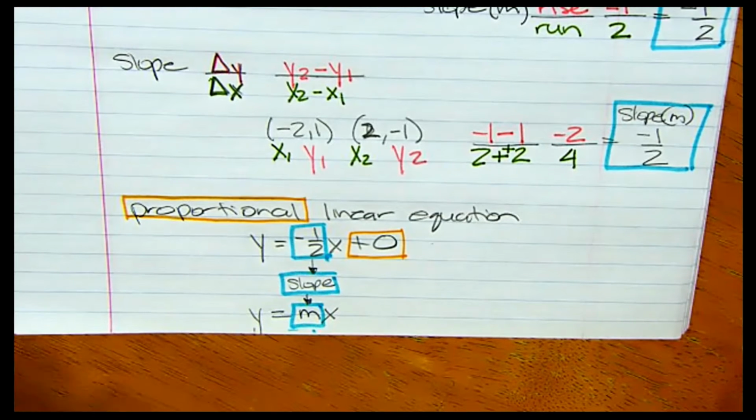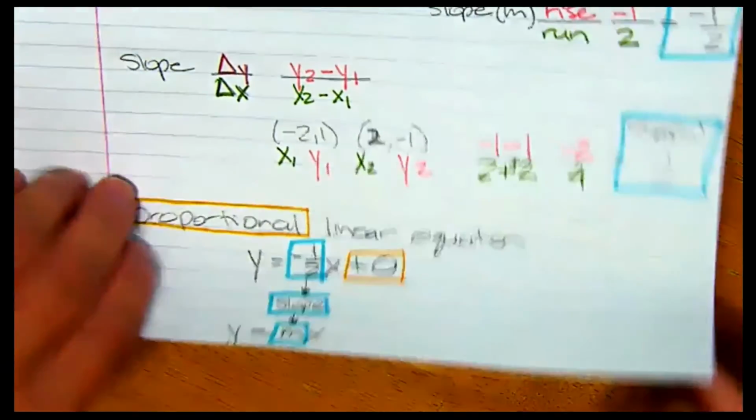So that kind of pulls everything we've been doing together: graphing linear equations, finding slope, and proportional relationships. So let's apply this. What does that mean? Well, let's do a problem from the book. Let's do an example.